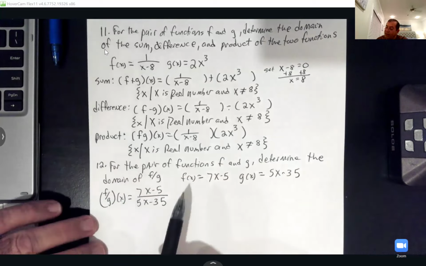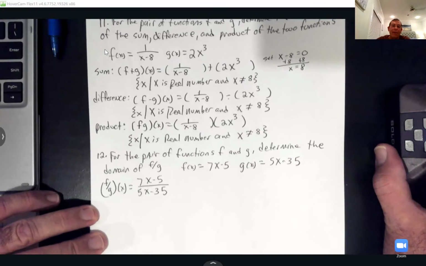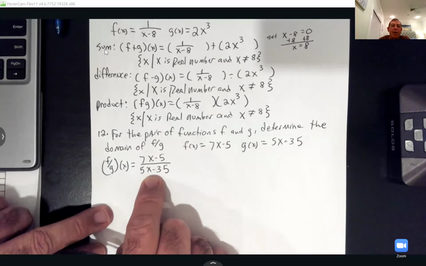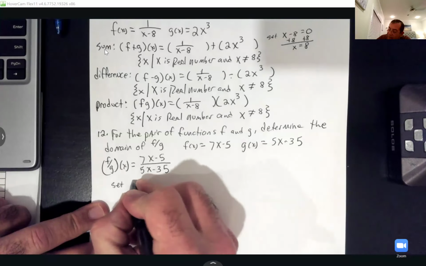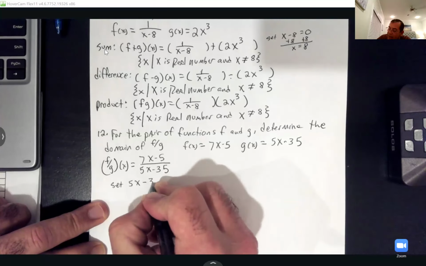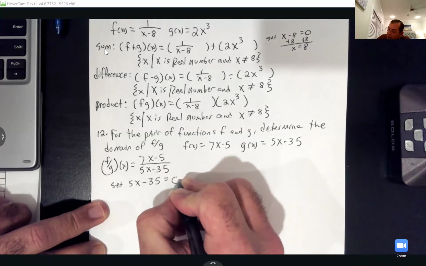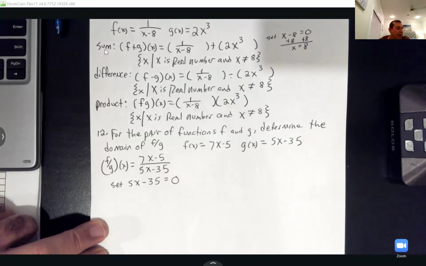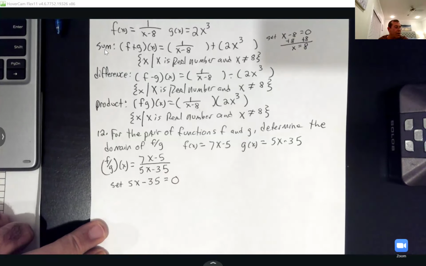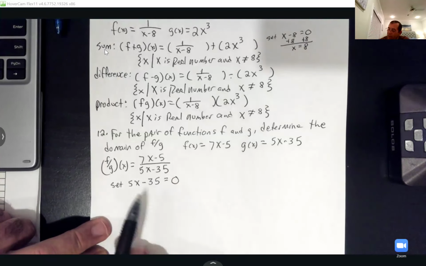Now remember, since it's a domain, all I'm worried about is this bottom cannot equal 0. So we would come in and set 5x minus 35 equal to 0. And y'all look at that. 11, 12, and I think there was one earlier where we did the domain. It's only the bottoms you're worried about on all of those, okay?